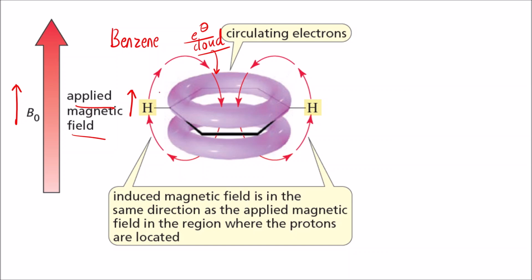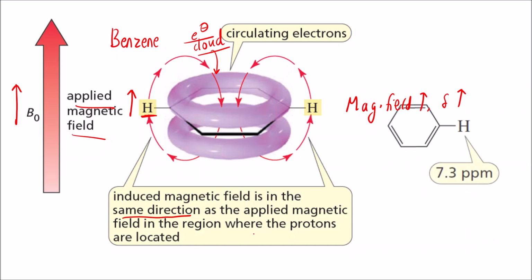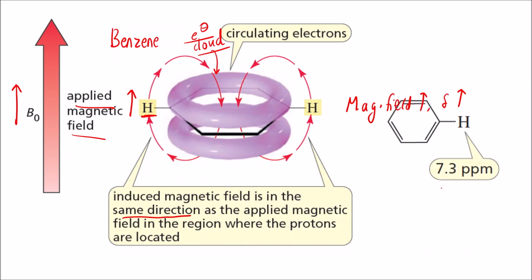So the overall magnetic field experienced by this proton is much higher, and the chemical shift value will also be higher. That is why the chemical shift value of benzene is higher, around 7 ppm.